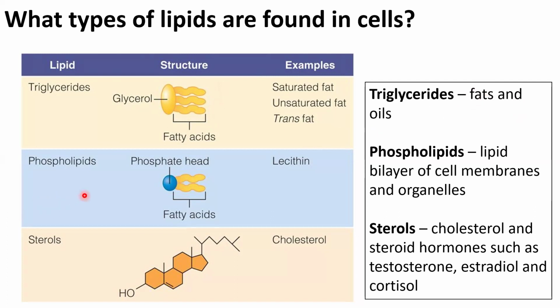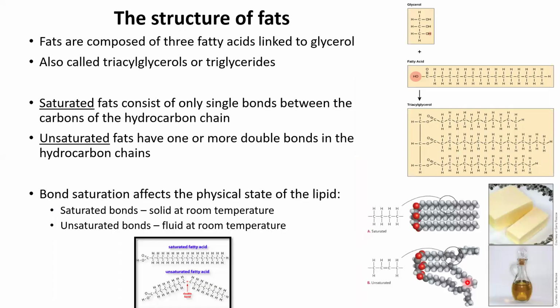Then we have phospholipids, which have a phosphate head with fatty acid tails. Some examples of these are part of the cell membranes and the organelles. And then there are sterols, which have ring-based structures, where some of them could be cholesterol, and steroid hormones like testosterone, estradiol, and cortisol.